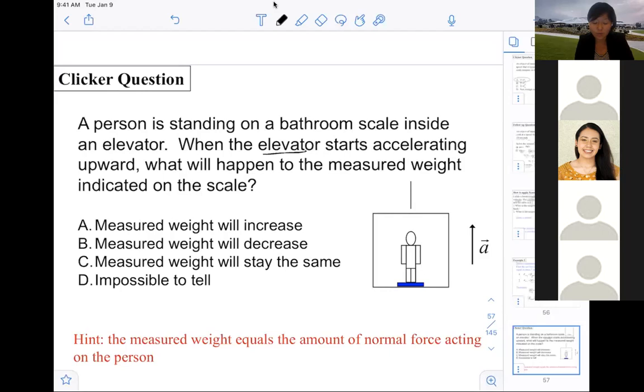If you think the bathroom scale gives you a normal force that's less than the weight, then you'll see a measured weight that is smaller, or maybe it doesn't change. So this one I'll give you a couple minutes to discuss, and when we come back, we can work on it together. Okay. All right.